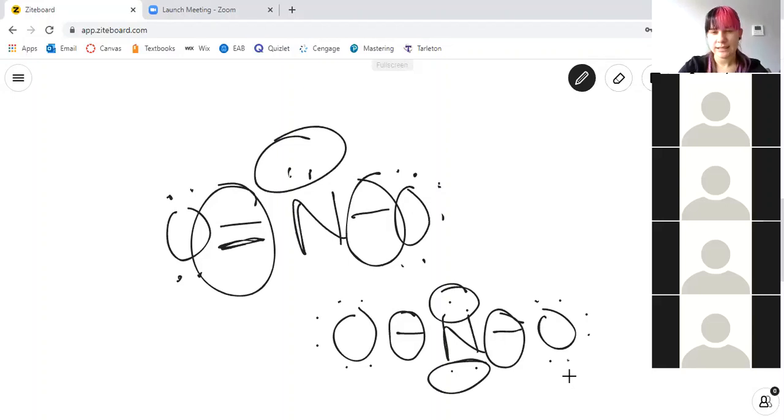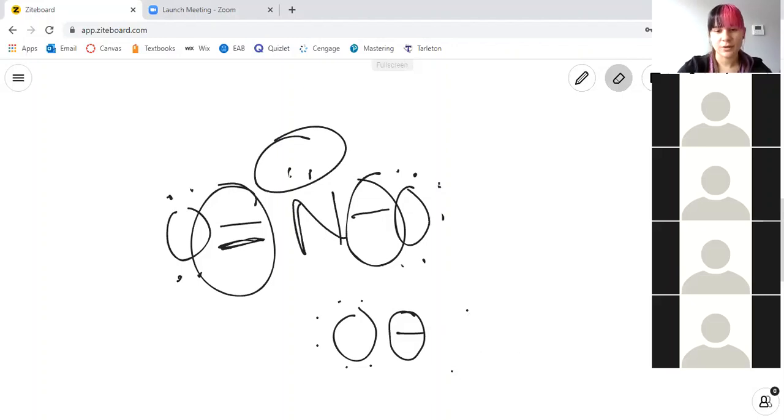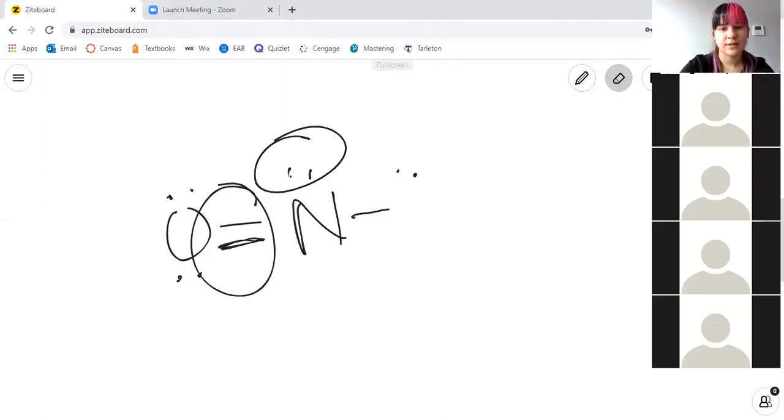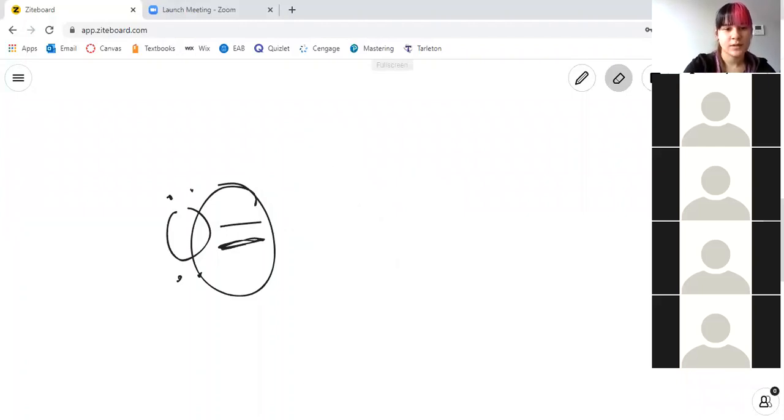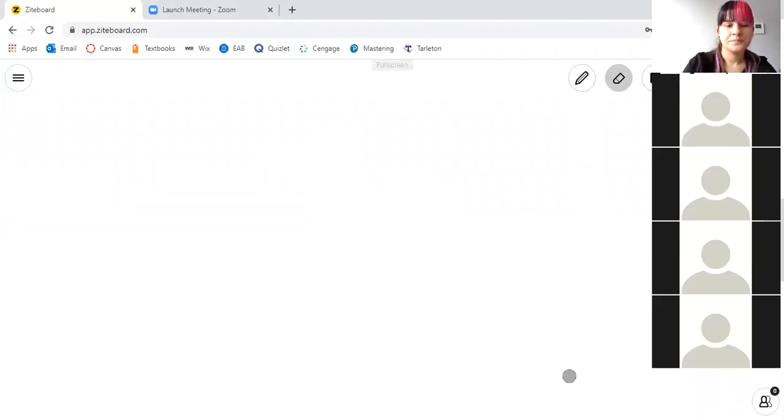Does that make sense? Okay. And there's more of this in the worksheet, so we'll still get more practice with identifying these things.